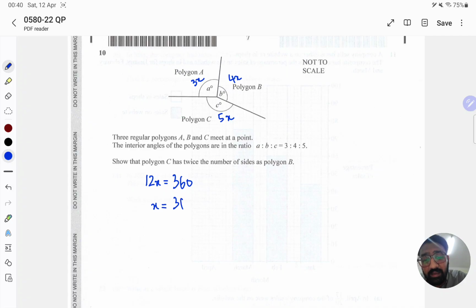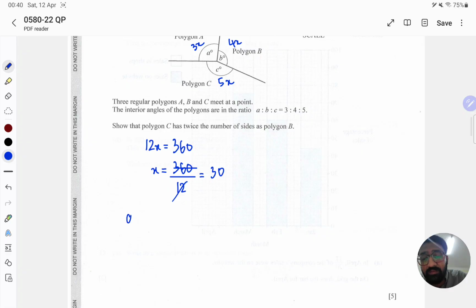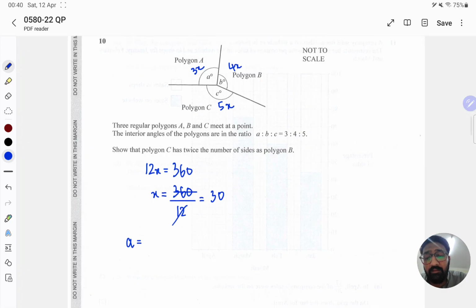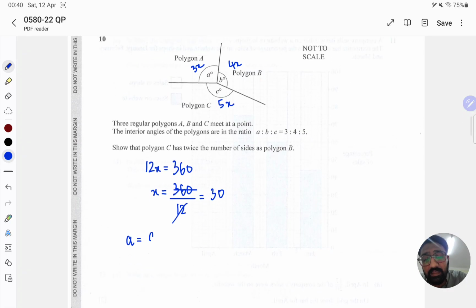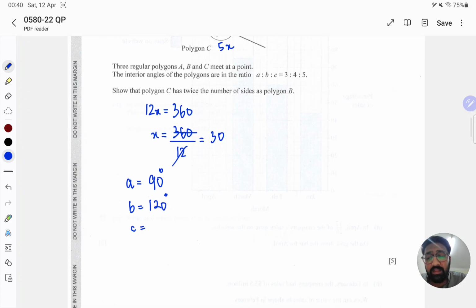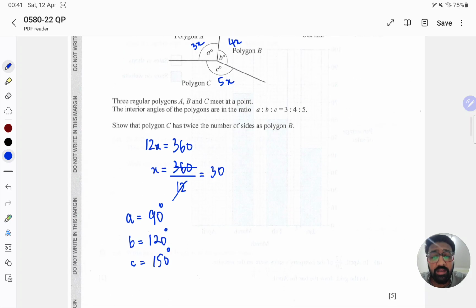If I simplify 360 by 12, I will get a constant value 30, which I multiply with each one of them to find the angles A, B and C. So the angle A, which is 3 times x, is 3 times 30, which is 90. 4 times 30 is 120. And the value of C is 5 times 30, which is 150 degrees. But this is not the end of the question.